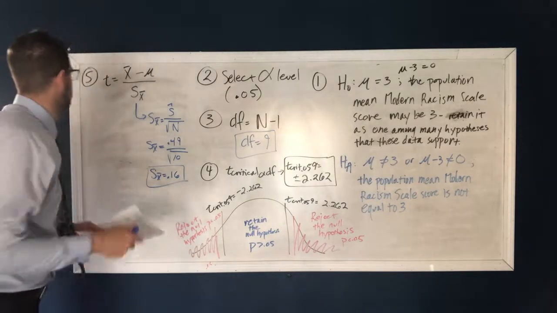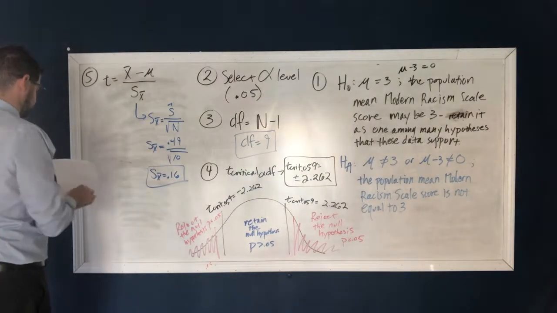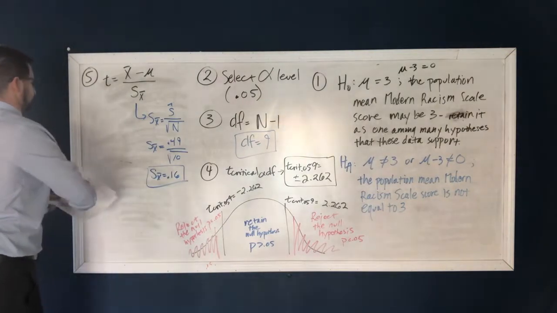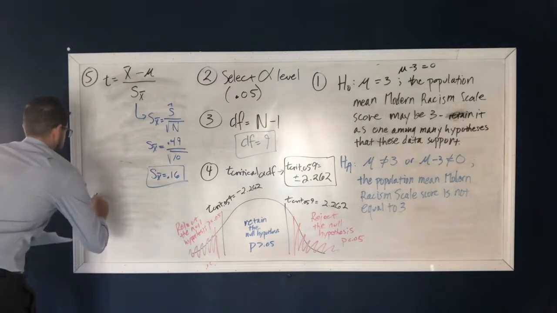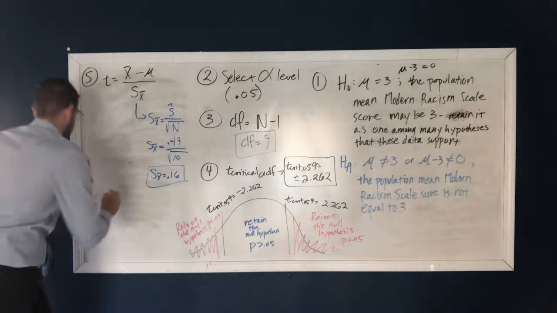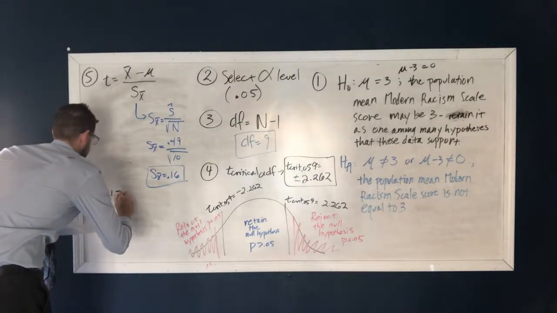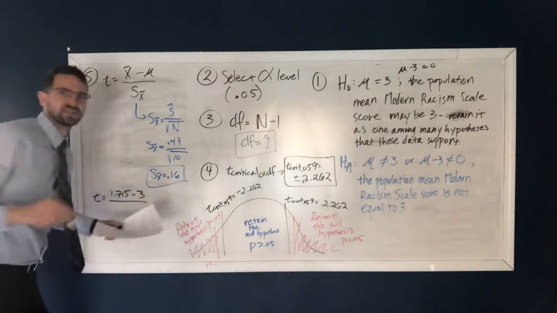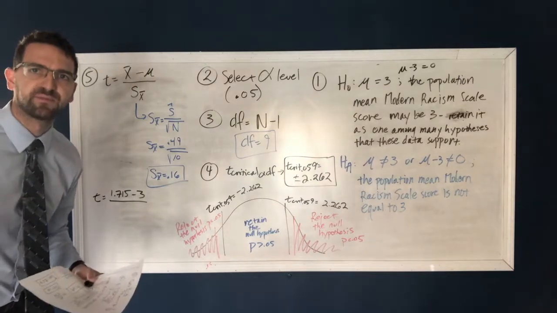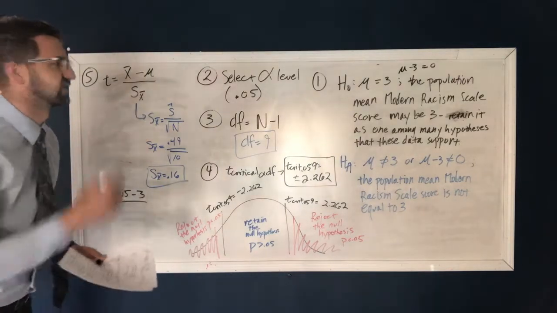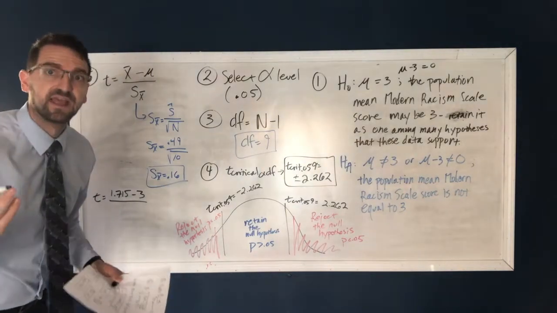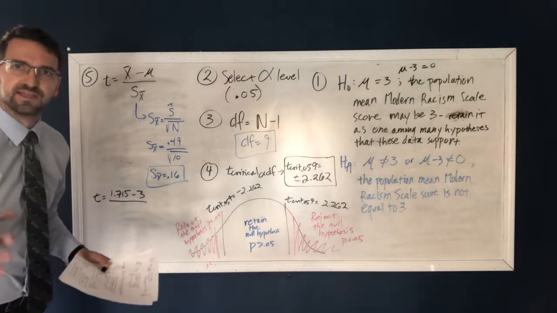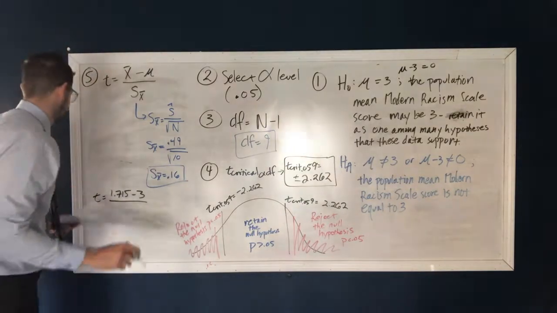Now we need to figure out the numerator. So t equals our sample mean, which is 1.715, minus 3, which is the hypothesized population value, or our test value, which we pick, and we determined it is 3. You can pick anything you want.